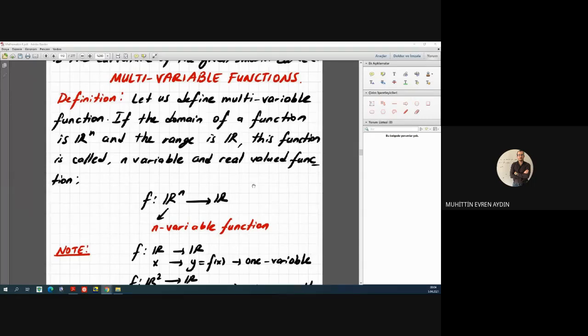Hi, today I'm going to talk about multivariable functions. Let's first define it.